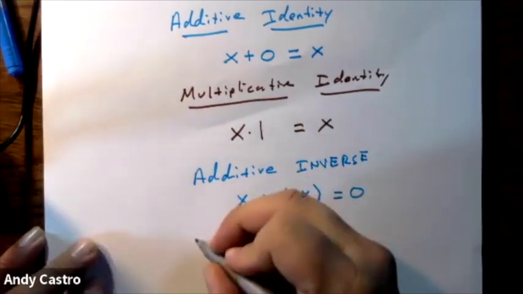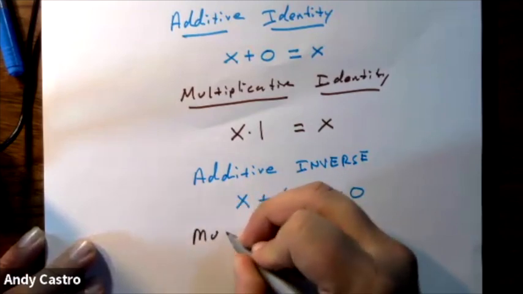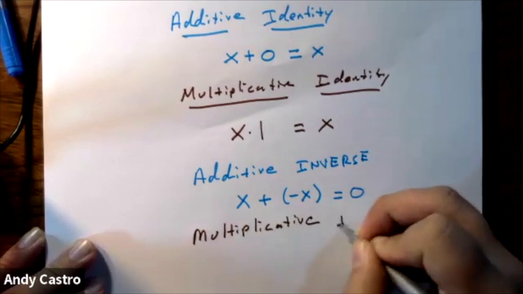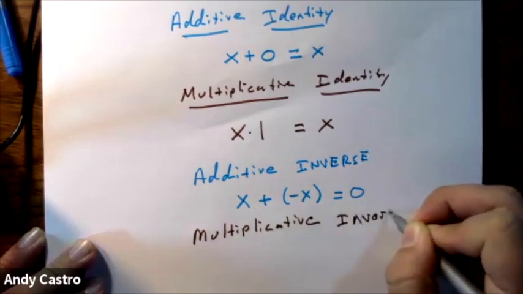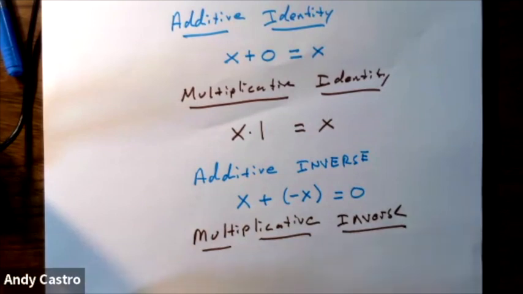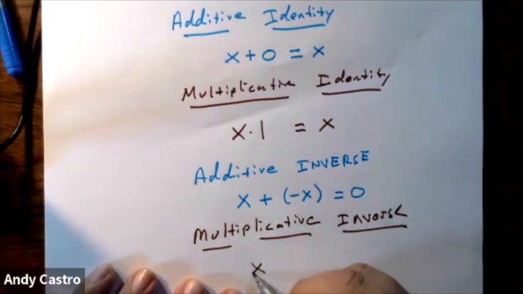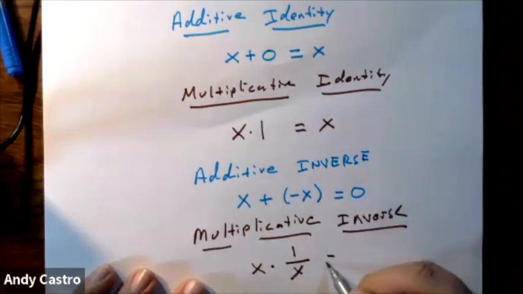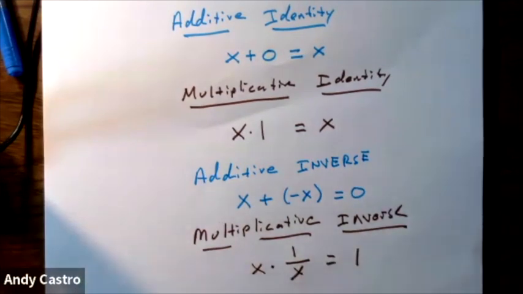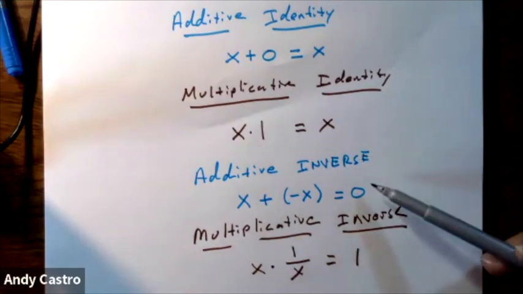All right. Now the multiplicative inverse. That is x times 1 over x is equal to 1. So the additive inverse results in 0.